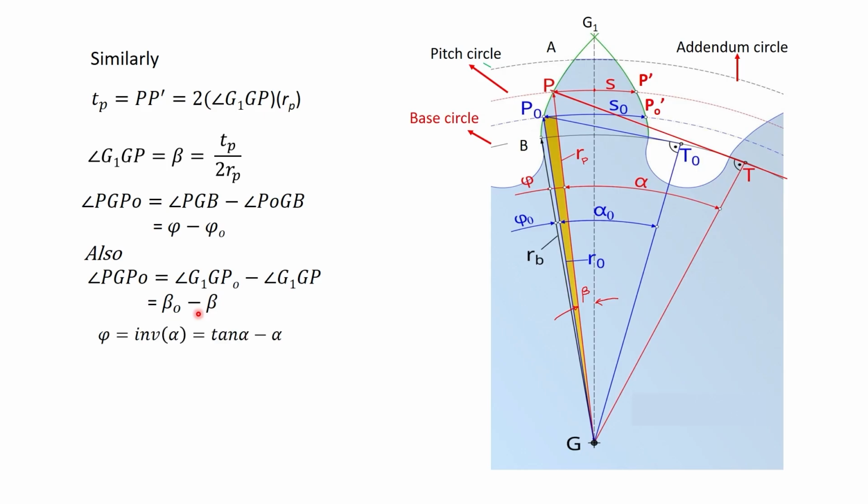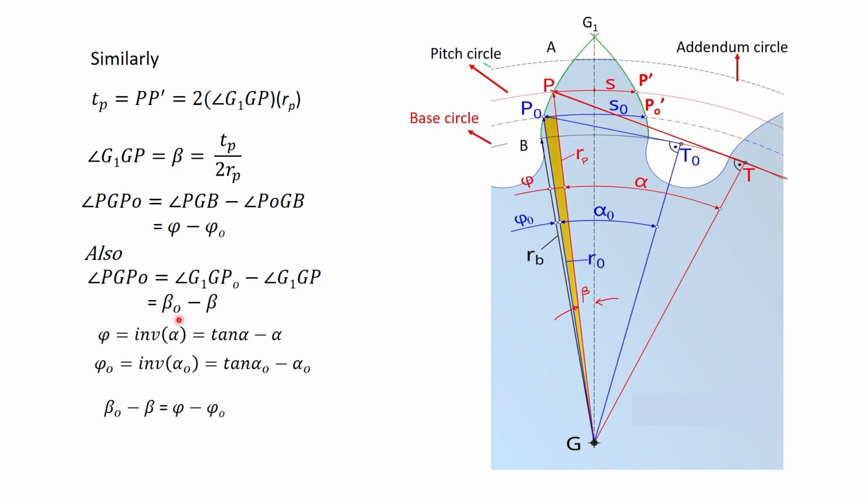And now from the involutometry we know that angle phi is involute alpha, and that is equal to tan alpha minus alpha. Similarly, we know that this phi 0 is equal to involute alpha 0, and that is tan alpha 0 minus alpha 0.